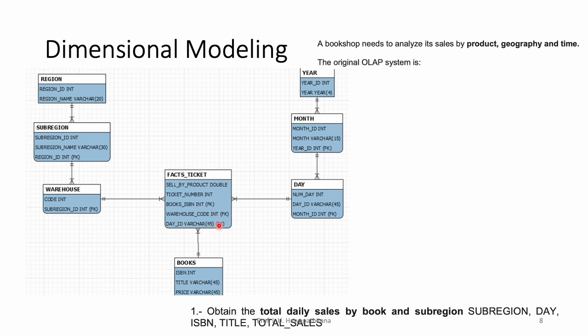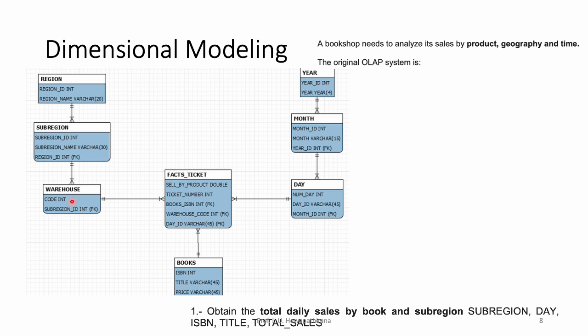Those are in the fact table. So the fact is the selling amount. Then this fact table is connected to day, books, and warehouse. These have the details about the warehouse, the day, and the book.